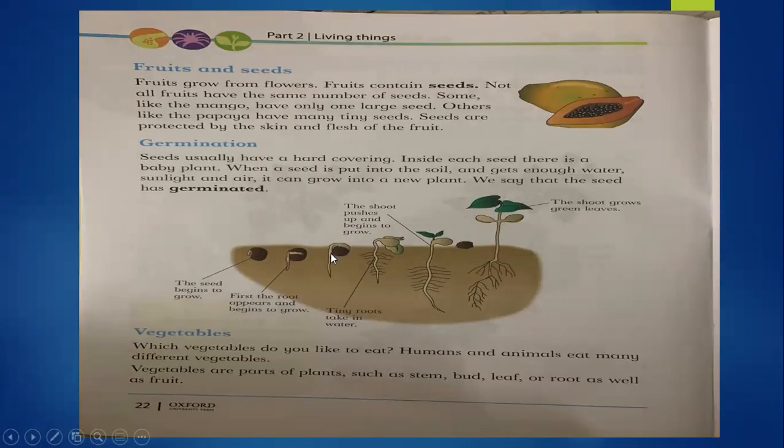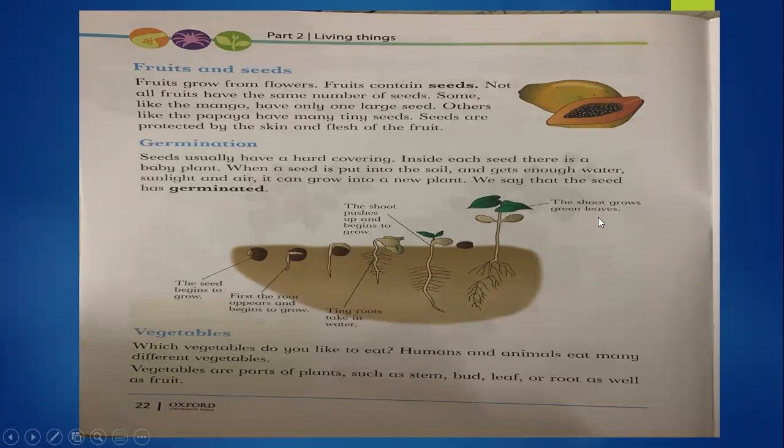Roots come out, roots become bigger, and the hard covering of the seed breaks up. Then the shoot comes out, and the roots start growing. The shoot pushes up and begins to grow. The small plant is coming out of the ground, then it becomes bigger.